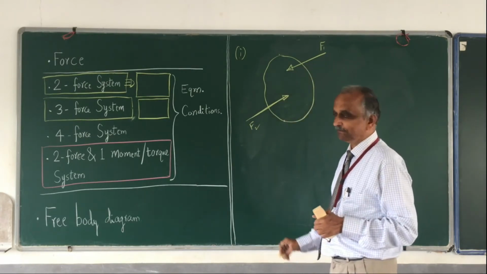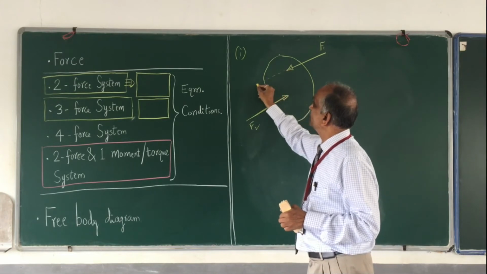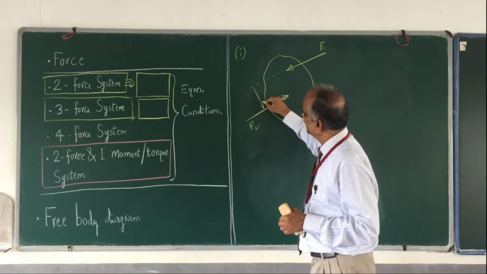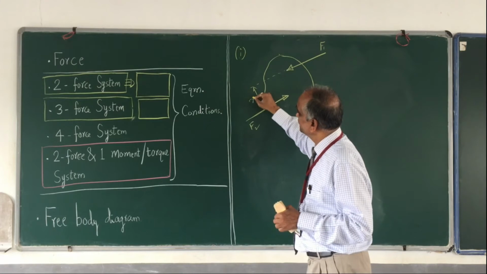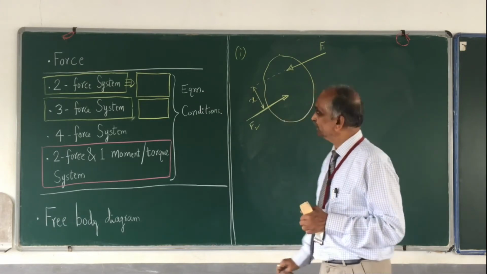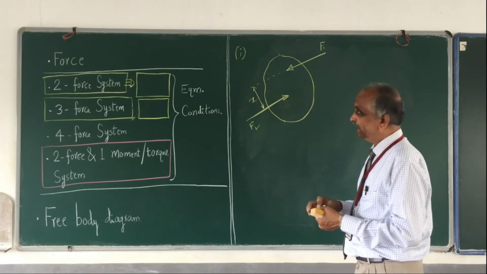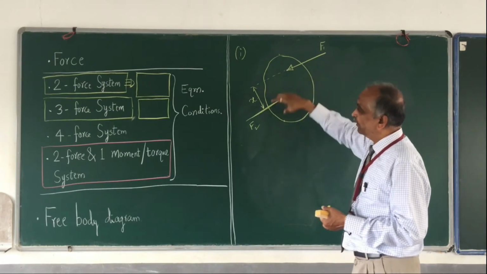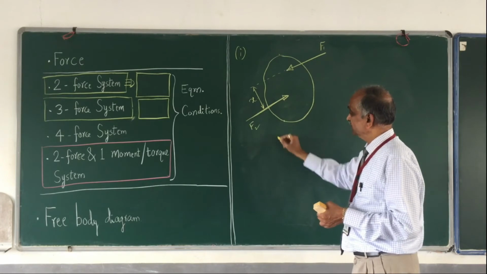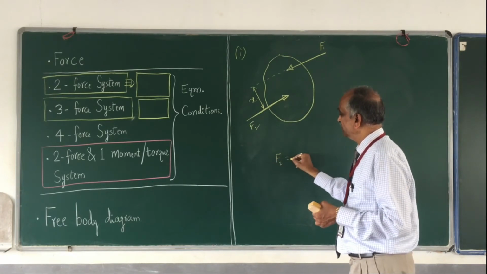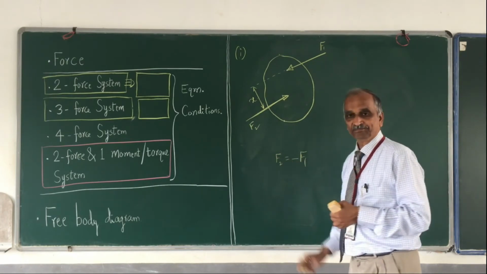the resultant is 0. Okay, suppose x is the distance between the two forces F1 and F2. This F1 and F2 together will form a moment. Please remember the first condition: F2 is equal to minus F1.